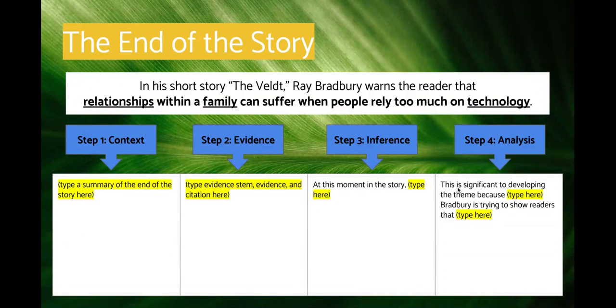Notice I've given you the sentence stems you need for both the middle and the end. This is significant to developing the theme because Bradbury is trying to show the readers that... and then you just fill in those parts right there. Remember, this doesn't need to have story specific words. This is where we are looking more at the lesson about the message and less focused on what's actually happening in the story.